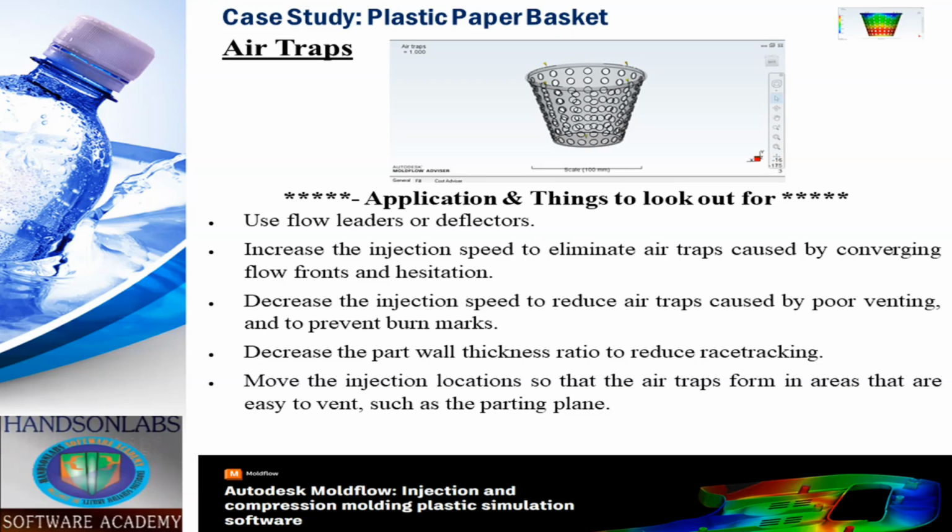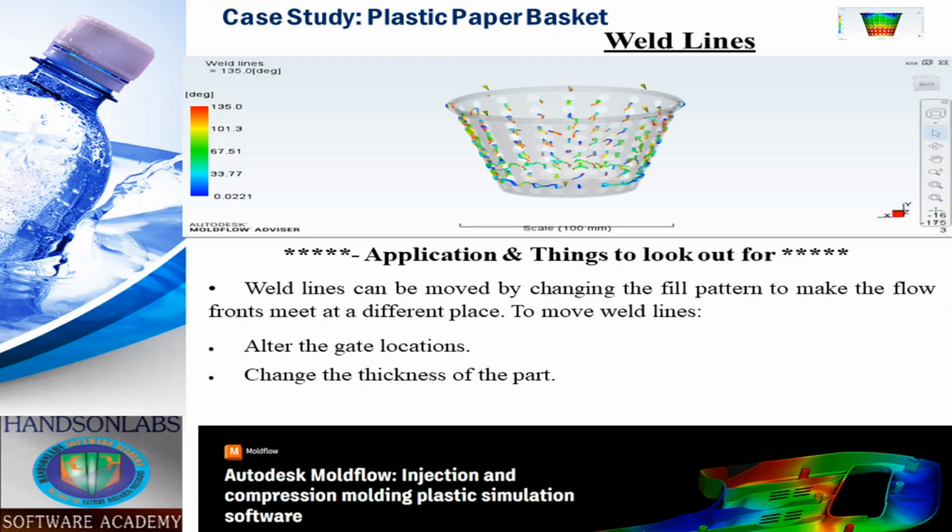Now we also have here decreasing the part wall thickness ratio to reduce race tracking. Then moving the injection locations so that the air traps form in areas that are easy to vent, such as the parting plane. Now let's move on to the weld lines, the applications and things to look out for.